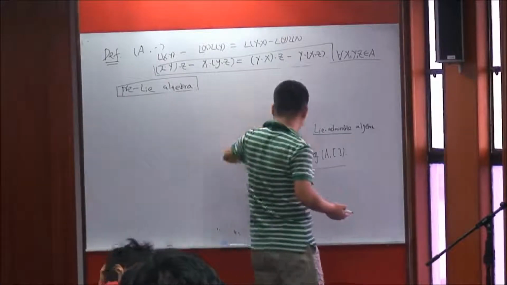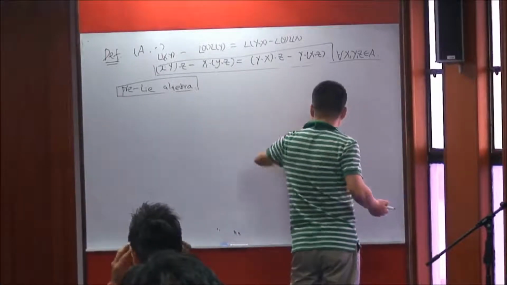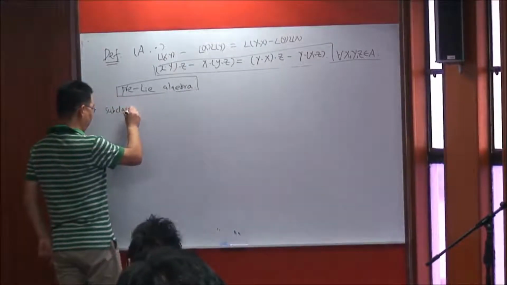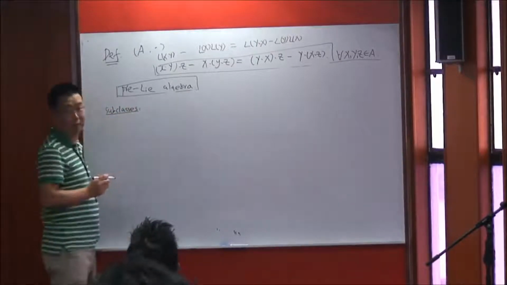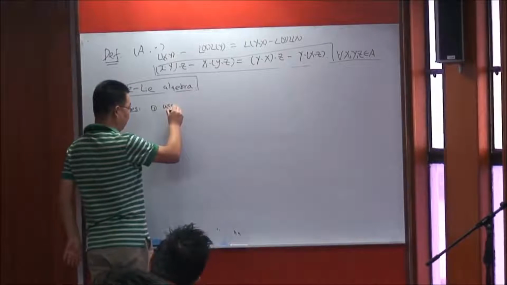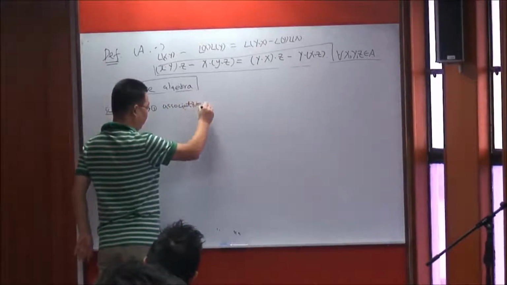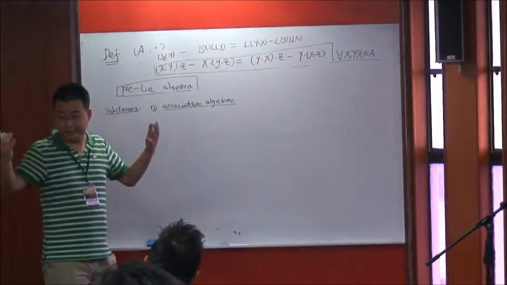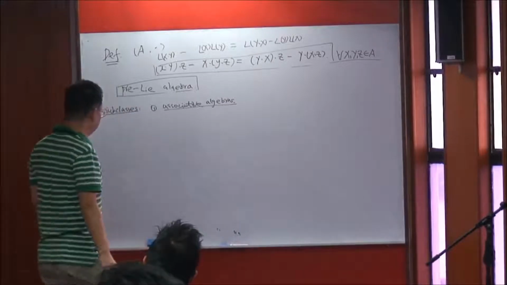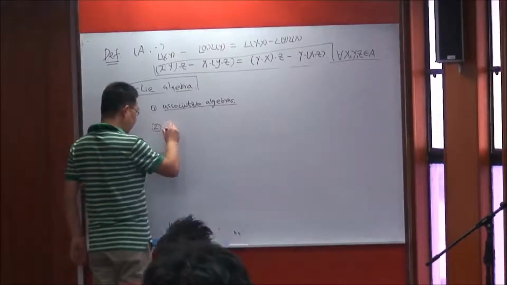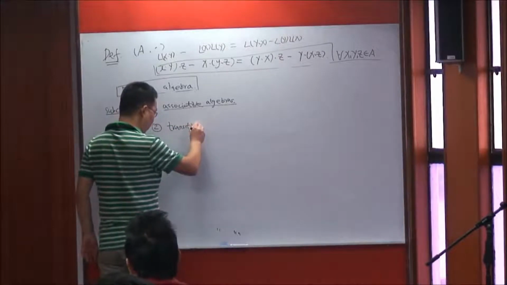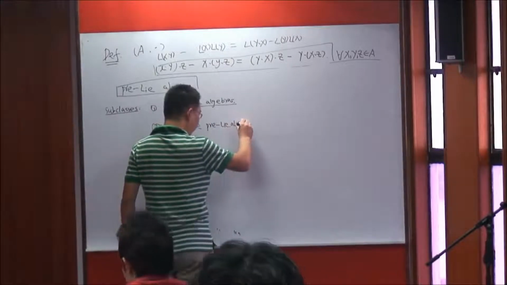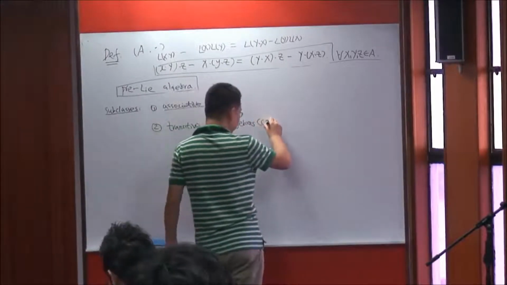Of course, there are some subclasses of the pre-Lie algebras. The first is the special algebra. I think we need to say more about it. Another is called transitive, or another name is complete.